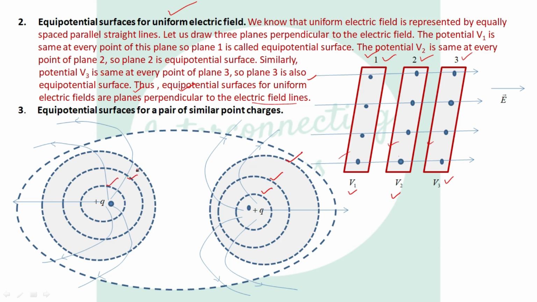If we don't consider this charge, then this charge will be an isolated charge and the equipotential surfaces are in the form of concentric spheres. And if we don't consider the other charge, then due to this charge the equipotential surfaces will be in the form of concentric spheres, and for both charges the equipotential surfaces are like this.